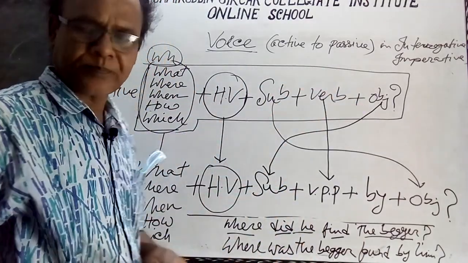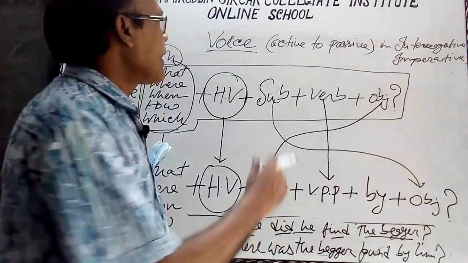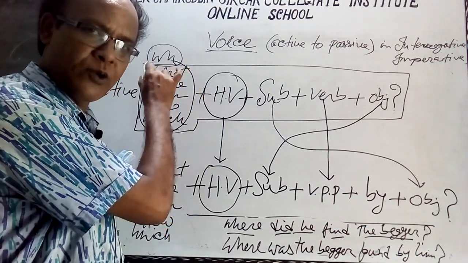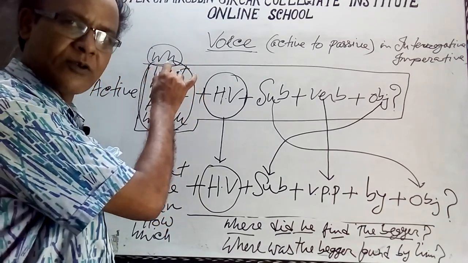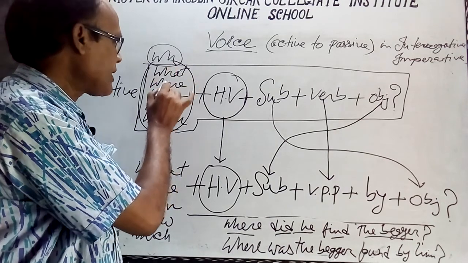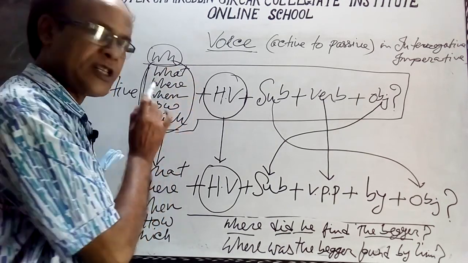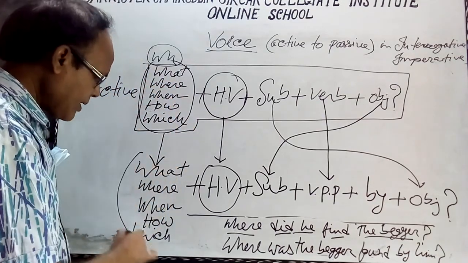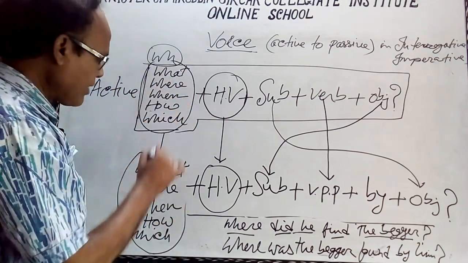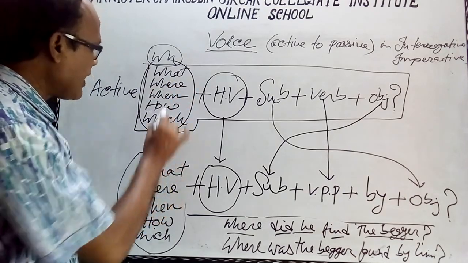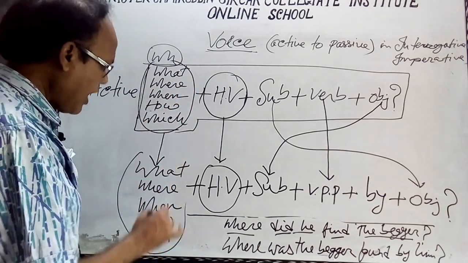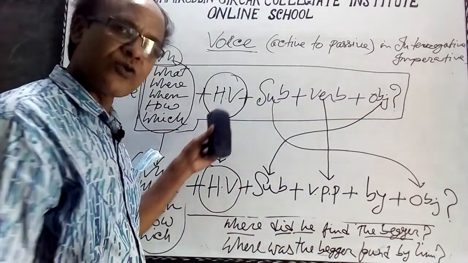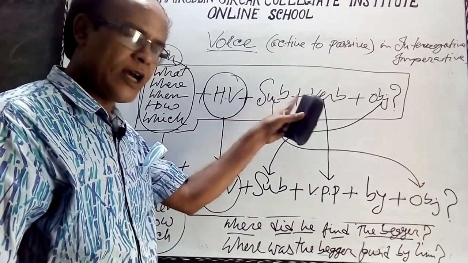So I repeat, if the sentence begins with a WH word, and the WH words are what, where, when, how, which, then this will be the same here. If what, then what. If where, then where. If when, how, which. The other parts will be changed according to the rules of voice.